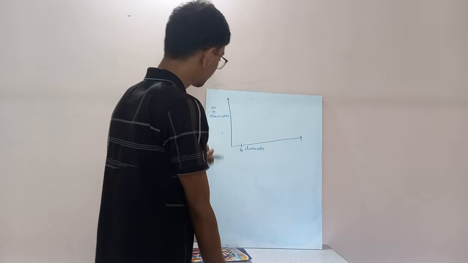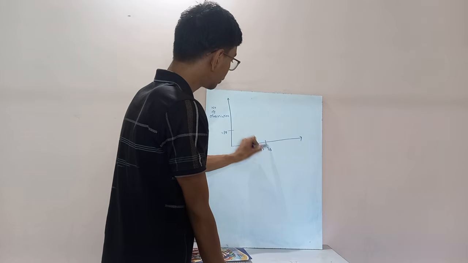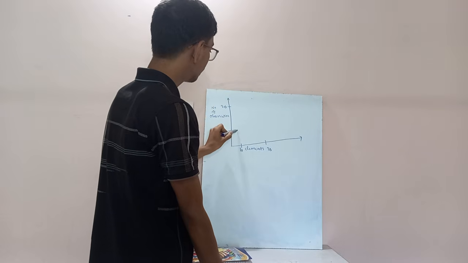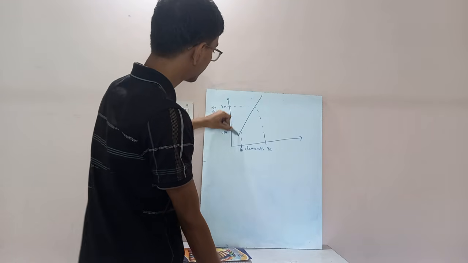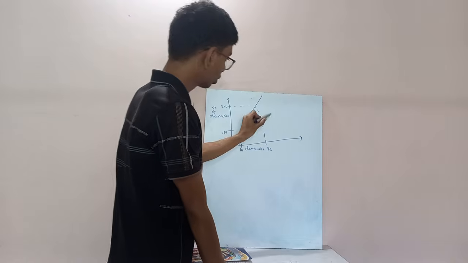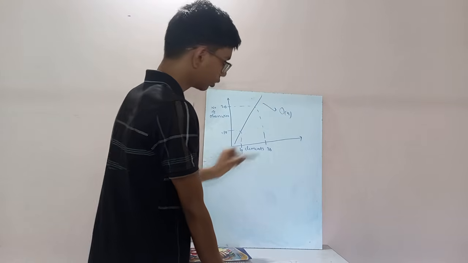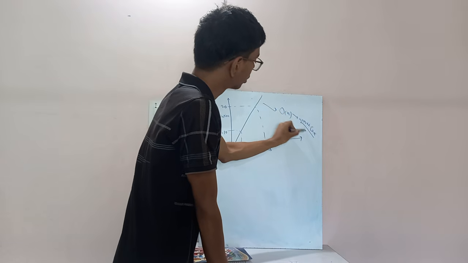For every 10 elements, I have to do 10 observations. For every 20 elements, in my for loop, I did observations of 20 elements. So it will be a straight line graph, and this has a time complexity of order of n, which is the worst case in this case.